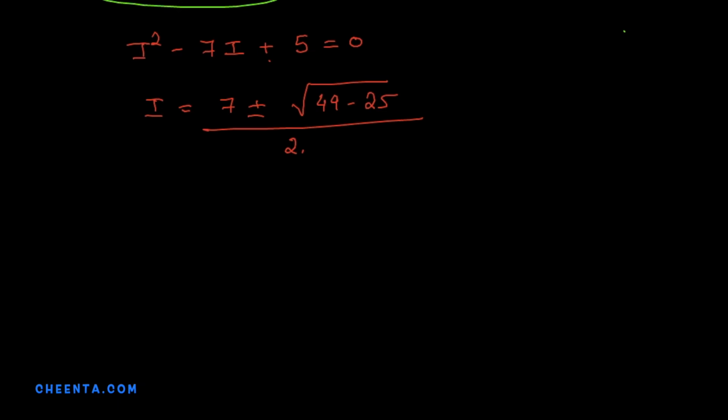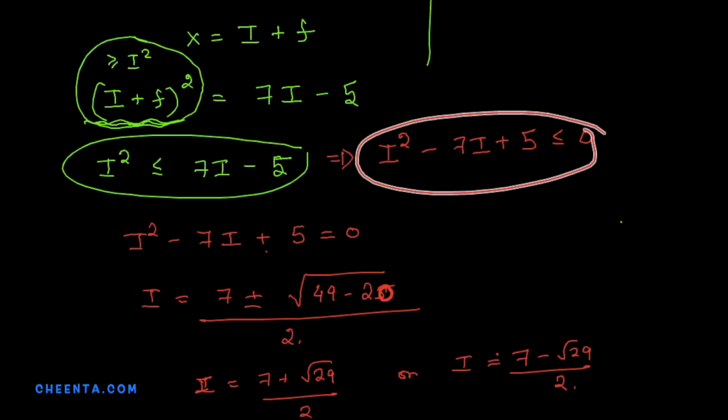So I is equal to 7 plus square root of 29 over 2, or I is 7 minus square root of 29 over 2. Of course, none of these are integers, so really no integer will be equal to these two. But that's not our goal. We want to know when this is less than or equal to 0.